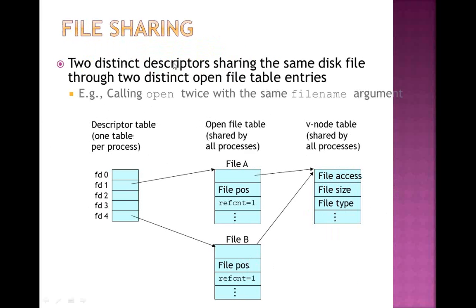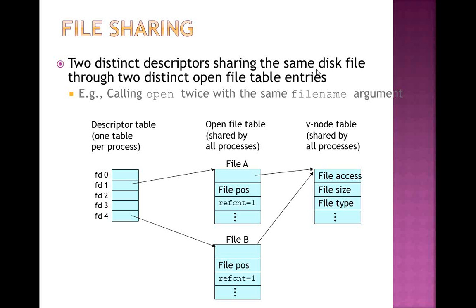File sharing: two distinct descriptors sharing the same disk file through two distinct open file entries. For example, calling open twice with the same file name argument. This is the same example as figure 12, where file A and file B share the same file access, the same file type, and the same file size, whether a regular file, directory, or socket.